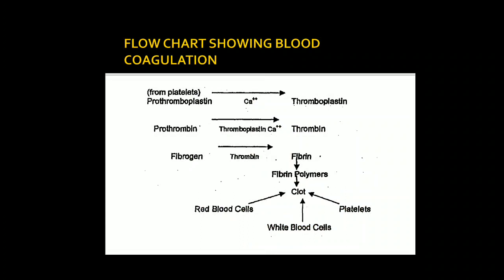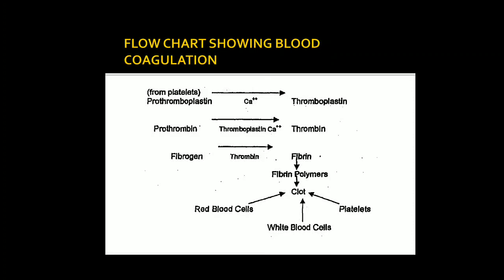So platelets release prothromboplastin, and when injury occurs, only in the presence of calcium ions it changes into thromboplastin. Now thromboplastin will act as a catalyst and convert prothrombin into thrombin. And now thrombin will work as a catalyst and convert fibrinogen into fibrin.